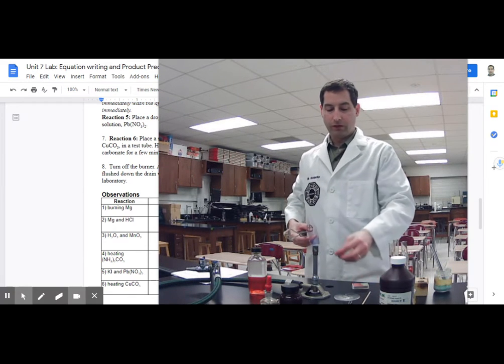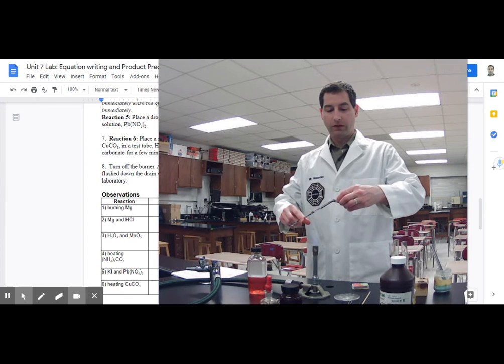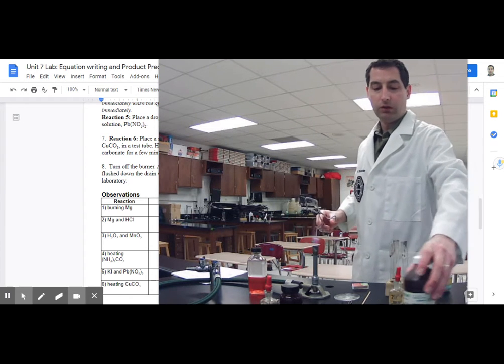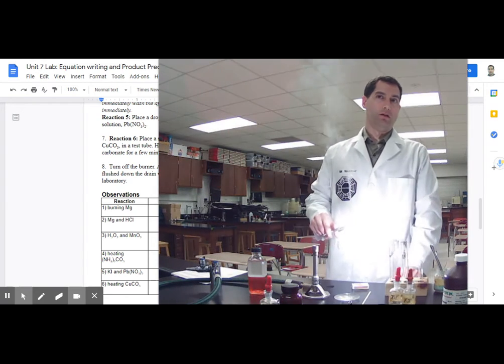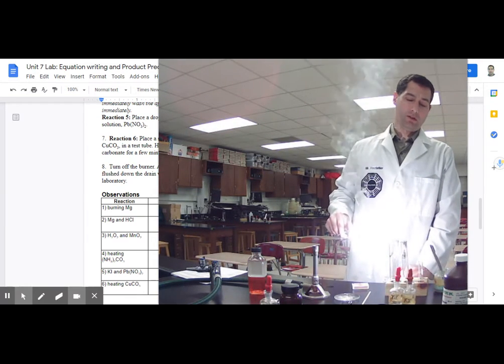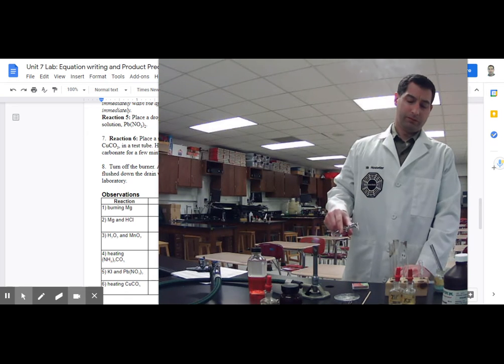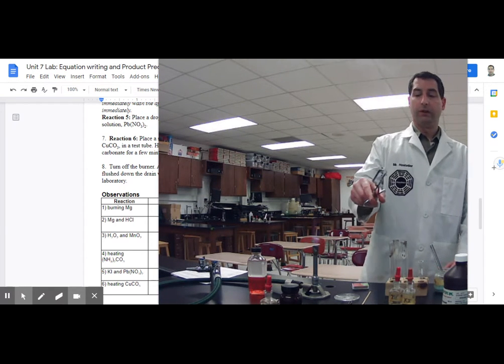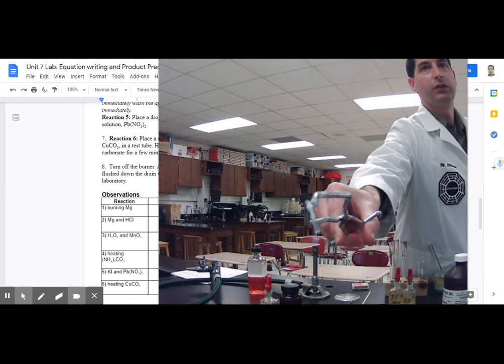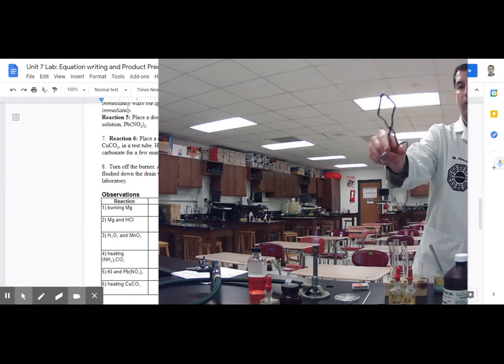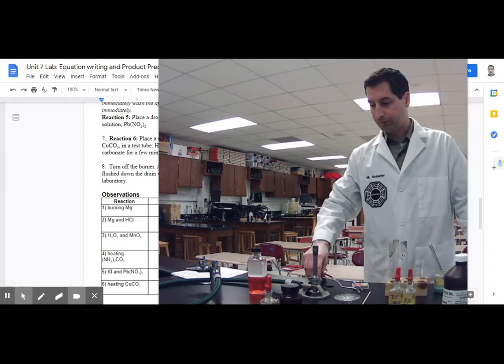And once it catches on fire, we'll hold it over a watch glass to catch the ashes. And then you can record the color and state of matter of the results. So you can see it's rather bright. And when it's done, it makes a white, ashy solid, of course, producing heat and light as well.